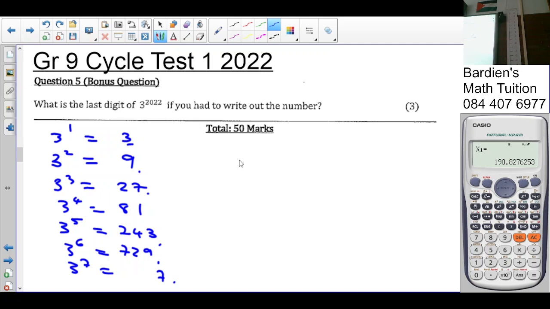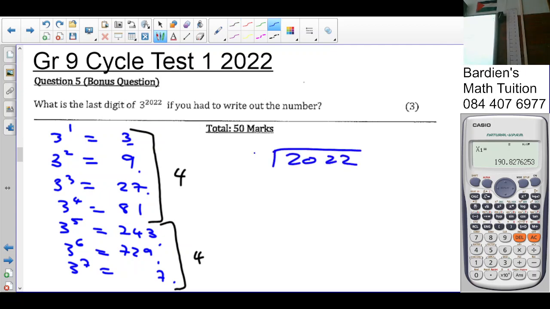So what you note is that this repeats itself every 4 times. Every 4 numbers it repeats itself. So if we look at 2022 divided by 4, it goes 5, no carry, 0. It goes into 22, 5 and remaining 2. Okay, so it goes 5 over 5, 2 over 4.